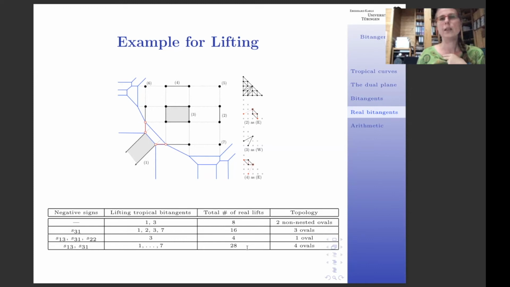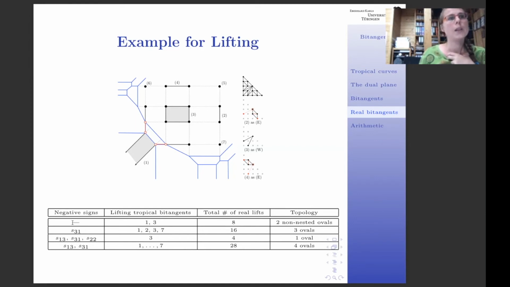And so Plücker told us that these numbers are possible, and what I'm saying here is that we can realize all those numbers already using different lifts of this blue tropical quartic. And when I say different lifts, I mean different real polynomials that give me the same tropicalization, the same tropical quartic. And when I say different real polynomials, what I mean is I play with the signs.